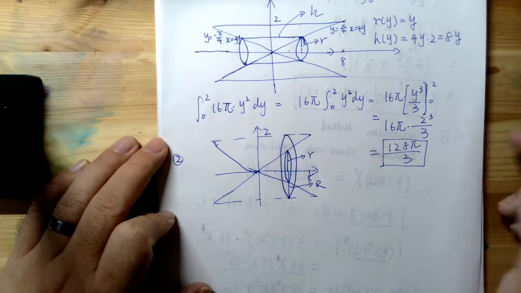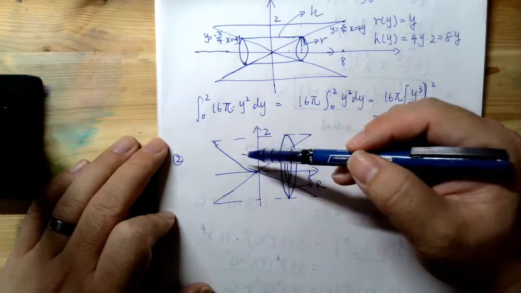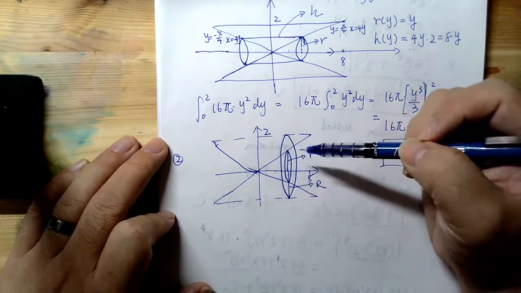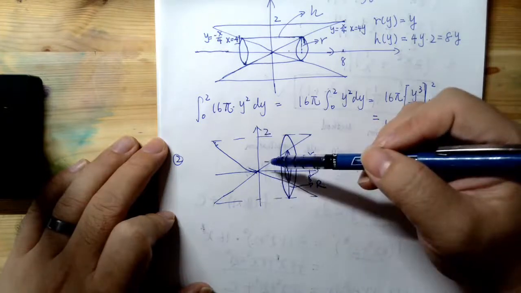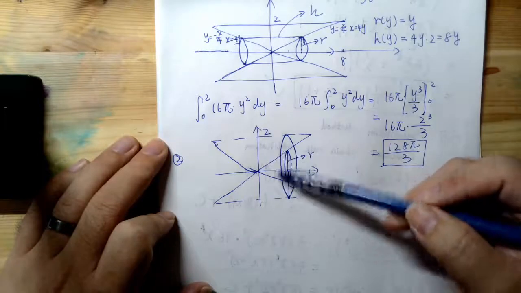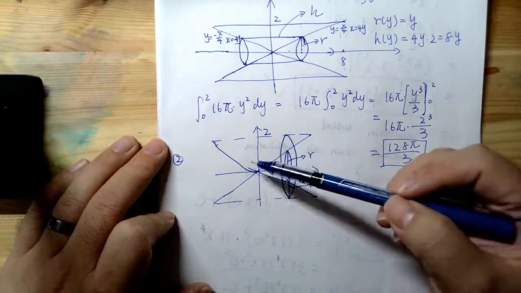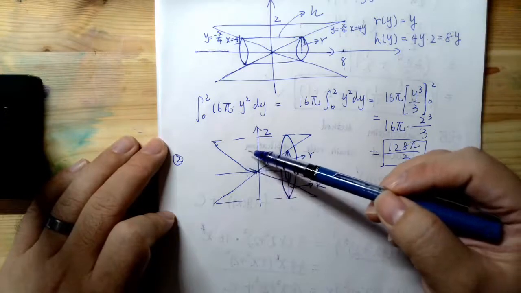First of all, guys, since the graph of y equals absolute value of x over 4 is symmetric with respect to the y-axis, when we do this revolving, the volume of the right-hand side is exactly the same as the volume of the left-hand side.